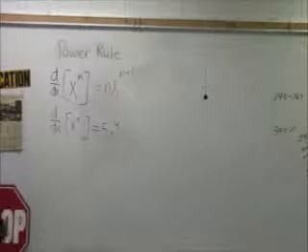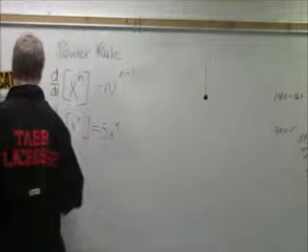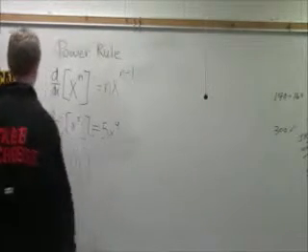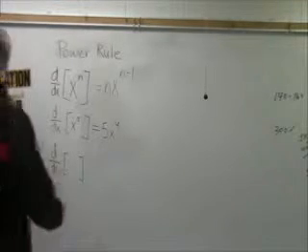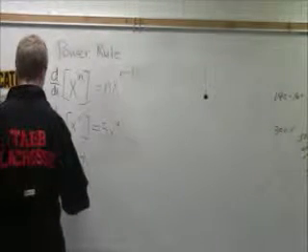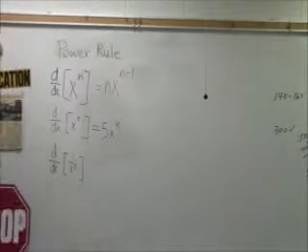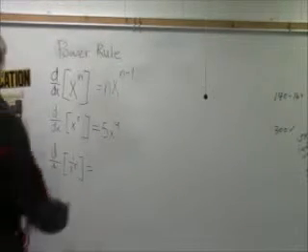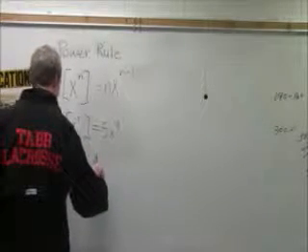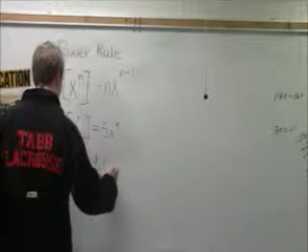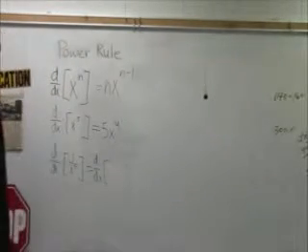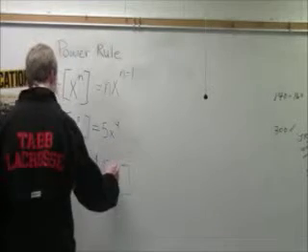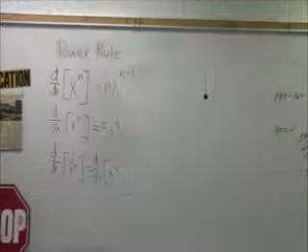Alright, this time we're going to show you how this would apply when the function is a fraction. So, d over dx of 1 over x to the third equals d over dx of x to the negative third. As you can see, this allows us to apply the power rule to this function.